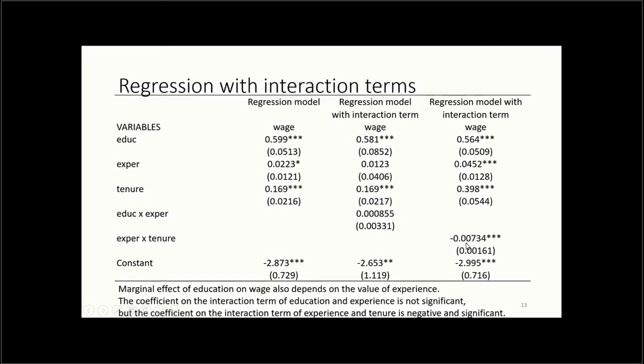But if you have both high experience and high tenure, then they work against each other and cancel each other out. So people that are at the end of their career have this canceling out of the effect, which is how I would interpret this negative coefficient.